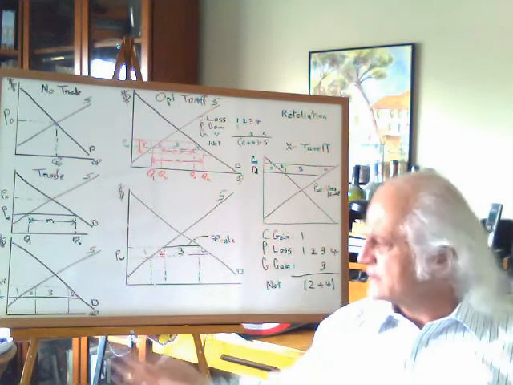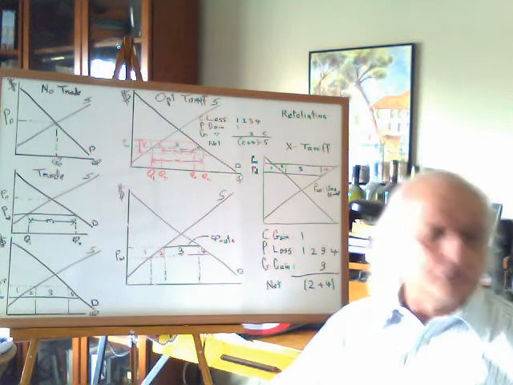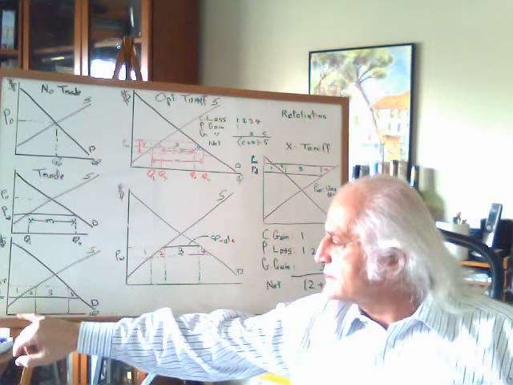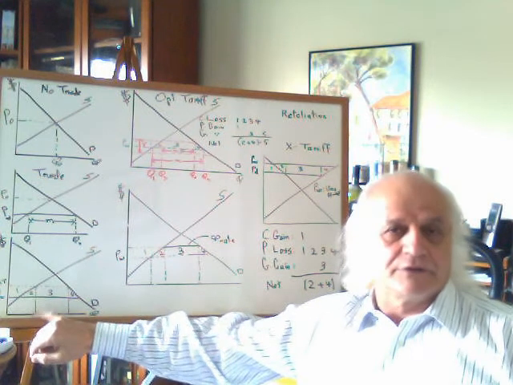Let me give you a very simple example, since we're talking about straight lines. Let's say, for the sake of the argument, that the tariff is 2. And let's assume that this over here represents 50, and this represents 150.